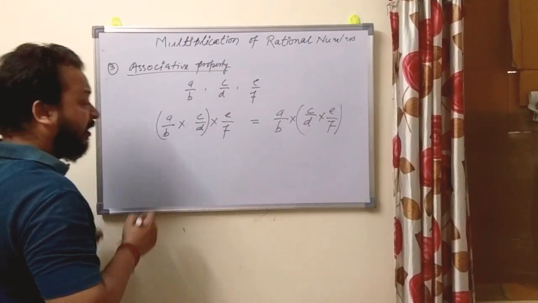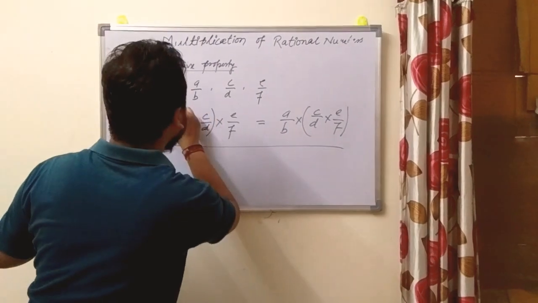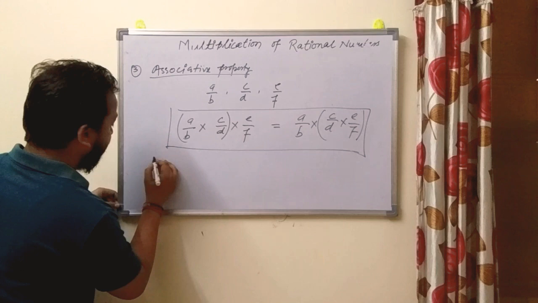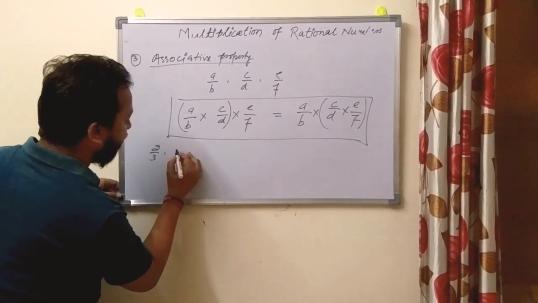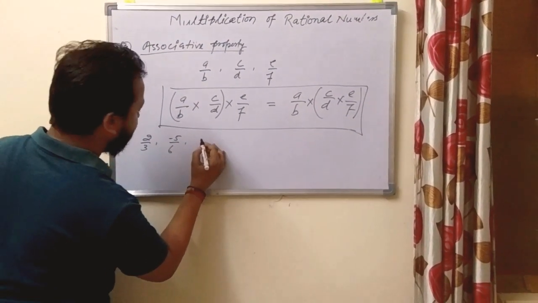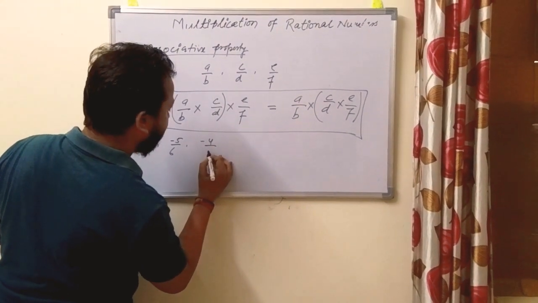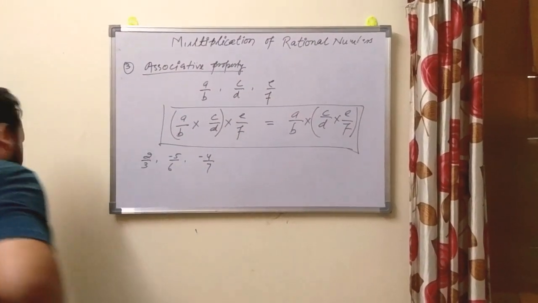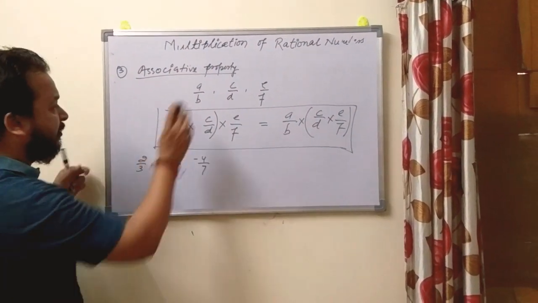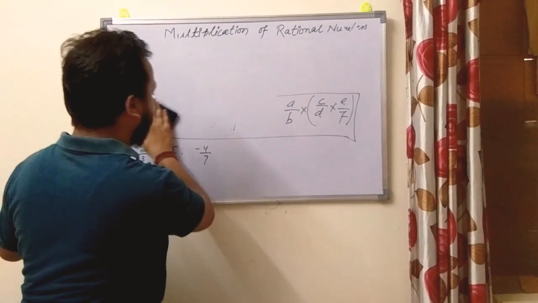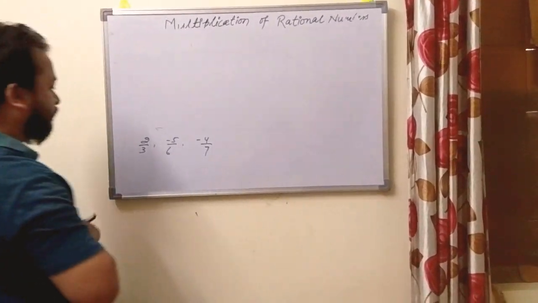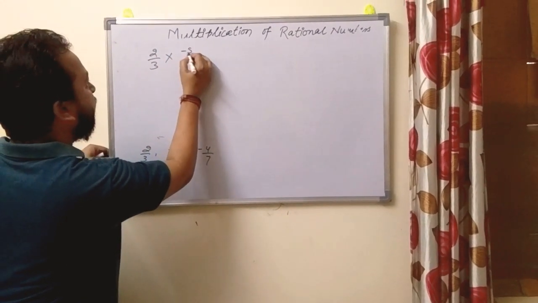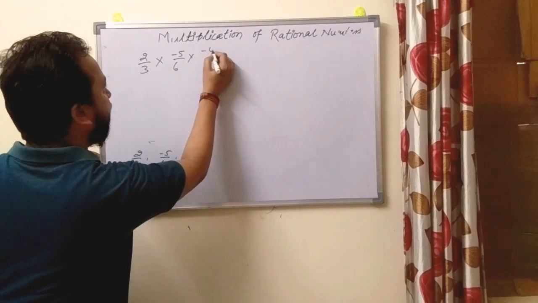Take an example. If one is 2 by 3, second one is minus 5 by 6, third one is minus 4 by 7. Let's solve this. 2 by 3 multiplied by minus 5 by 6 multiplied by minus 4 by 7.